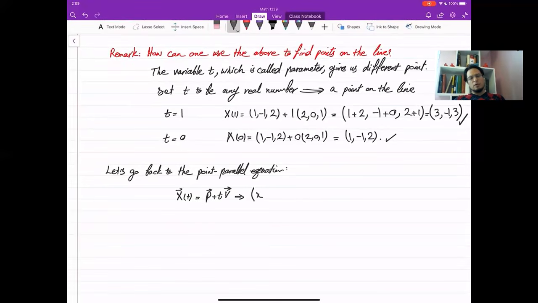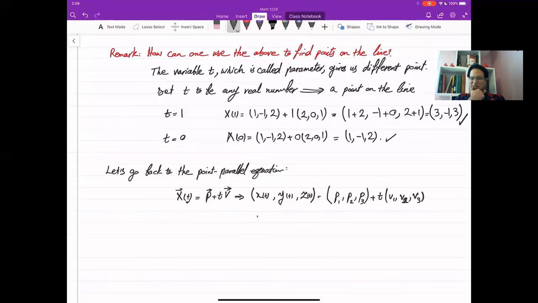Instead of x, I'll write (x, y, z), and that's going to be equal to, again to show the dependence on t, (x_t, y_t, z_t). P has three components, p1, p2, and p3, plus t times (v1, v2, v3).